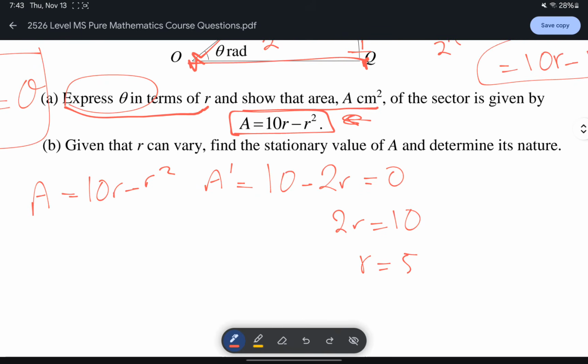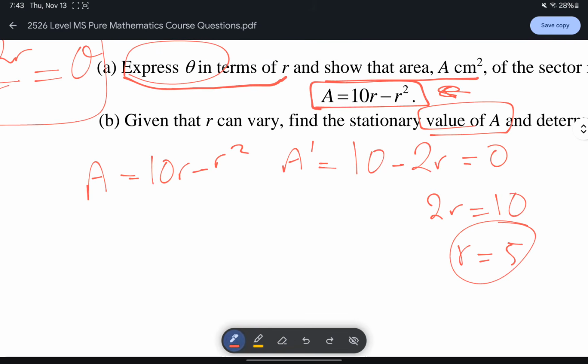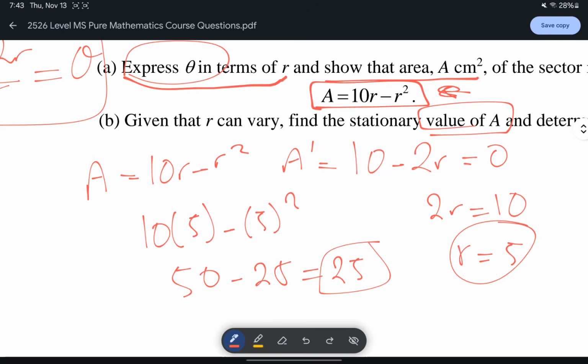Okay, but they're not asking for your radius, they're asking for A. Okay, so you take this 5 and put it back into our A. So we'll say 10 into 5 minus 5 squared. So it's 50 minus 25, so 25 is your answer.